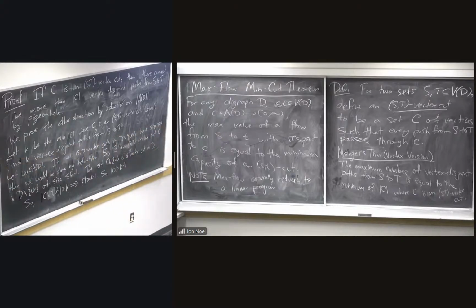Why can't we just take the ST vertex cut of size K because we know it exists? Yeah, that's a good question.